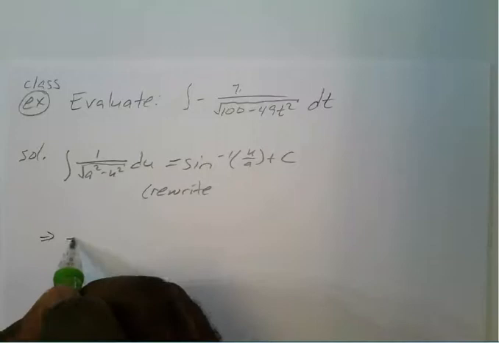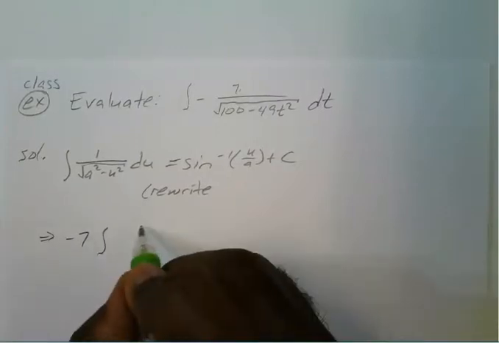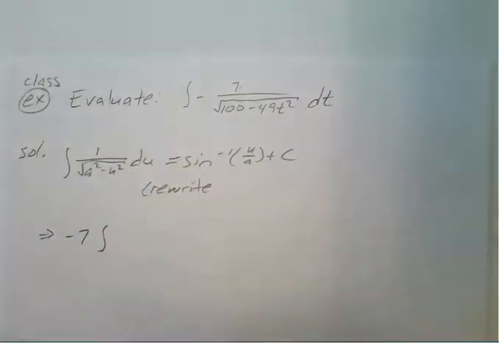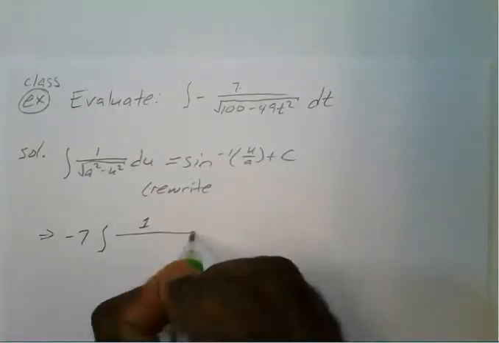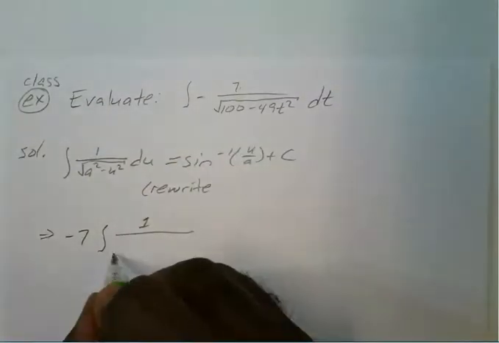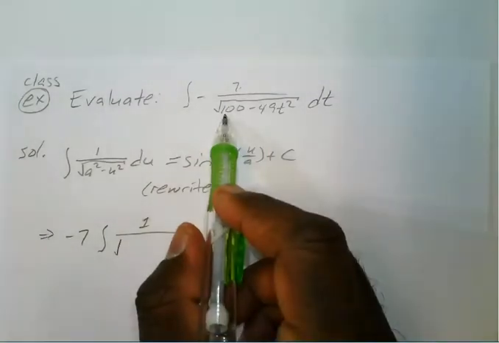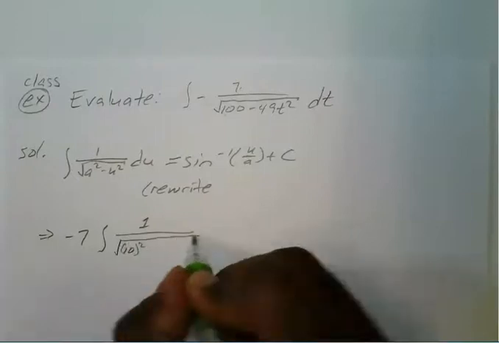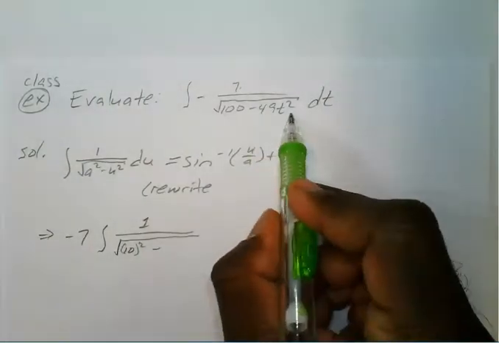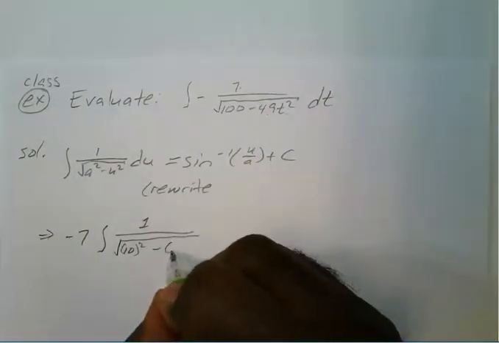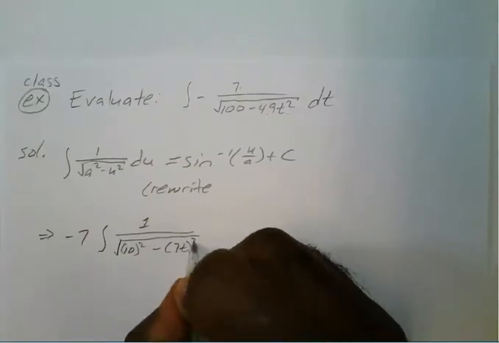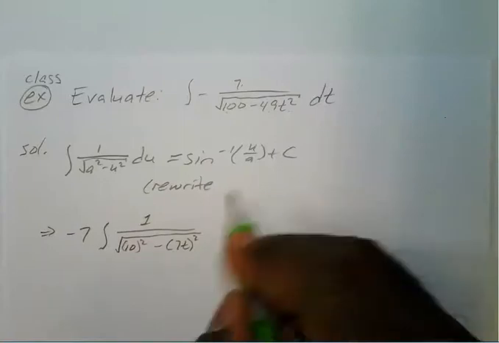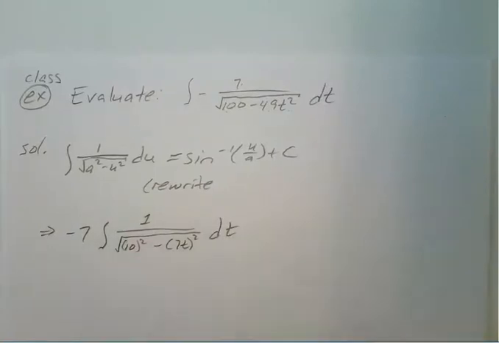So you have negative 7 times the integral of 1 over the square root. Instead of 100, we're going to make that 10 squared. Minus 49t squared, we're going to make that 7t, and that whole quantity squared. Okay, and that's with respect to t.